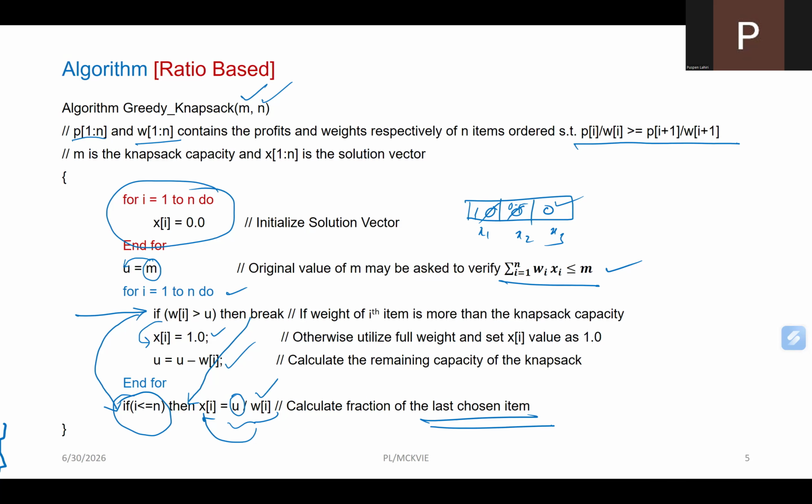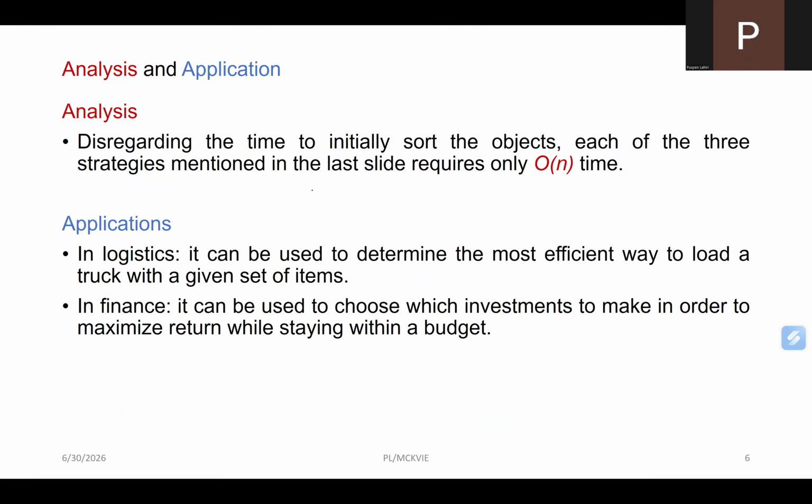The very last one I will conclude by considering the analysis. Disregarding the time to initially sort the objects, if our assumption is this pre-processing is mandatory, that means you have to order the items in such a way that the first item has the highest ratio. This arrangement is by default to be maintained. That is why it is written disregarding the time to initially sort the objects.